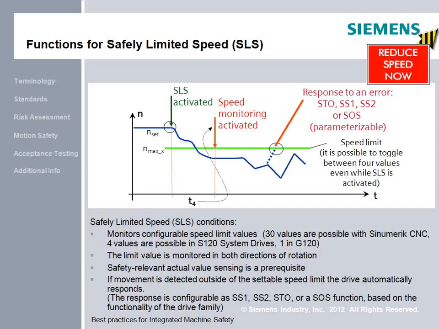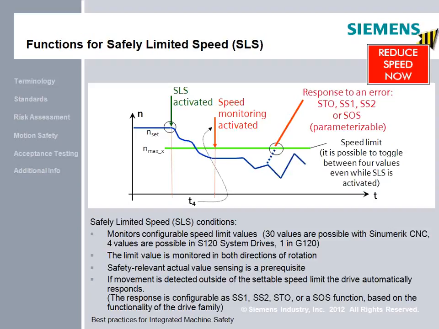Using that 2 meters per minute, I now can use my risk assessment to indicate how fast that axis is safe, and I may decide on my machine that maybe 1 meter per minute is my safe speed to meet my risk assessment. I can use the safety system to implement that safe limited speed at 1 meter per minute.